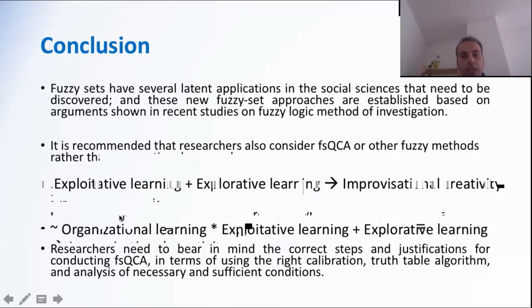Okay, to conclude, we have mentioned the application of fuzzy sets, the history and how it began with researchers in 1965, mainly Professor Zadeh, and there are several applications of this method in social science.